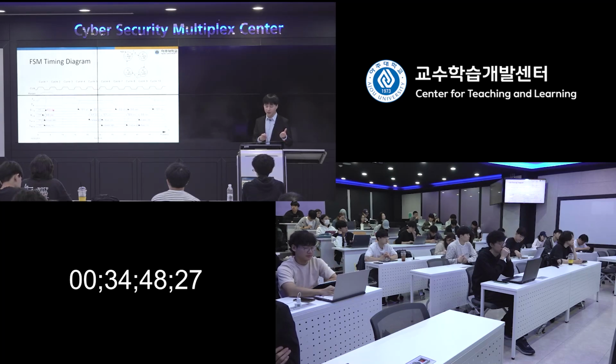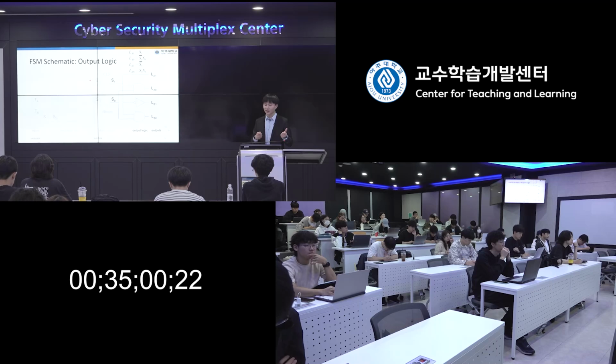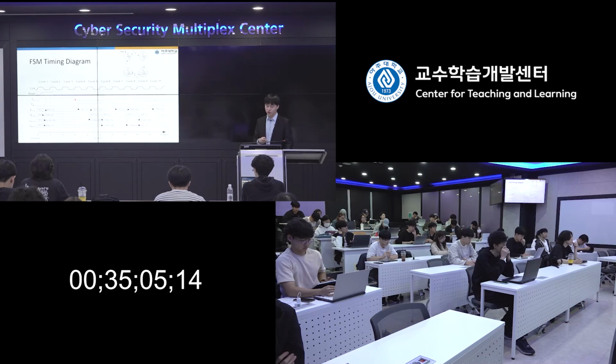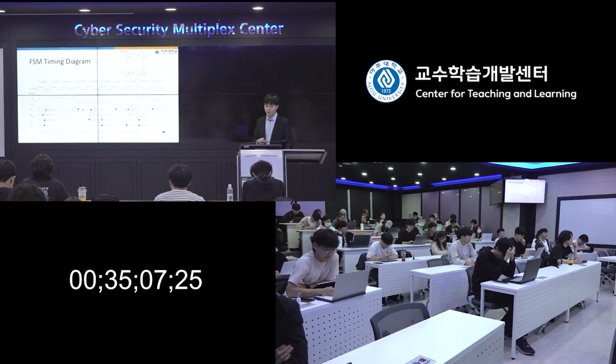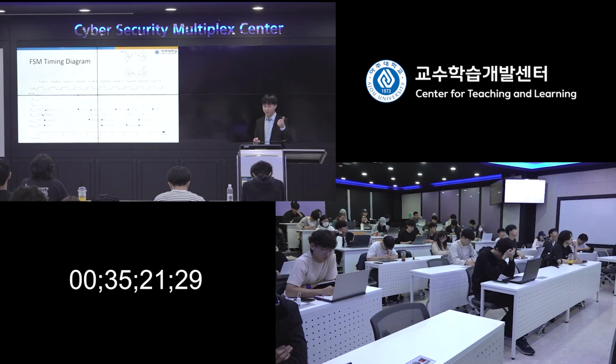So S0 will not be changed until we reach this point, where there's an input change. TA is switched from 1 to 0, then it will immediately affect the S prime. So S prime is switched to S1. The previous was S0, now it's S1, from S0 to S1, affected by the sensor TA.